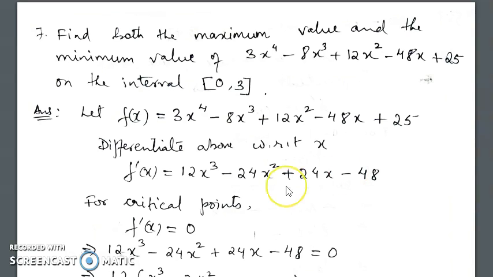Then the second step is, for critical points, you have to put f dash of x equal to 0. From there, we will find the value of x according to the working rule. So put f dash of x equal to 0.